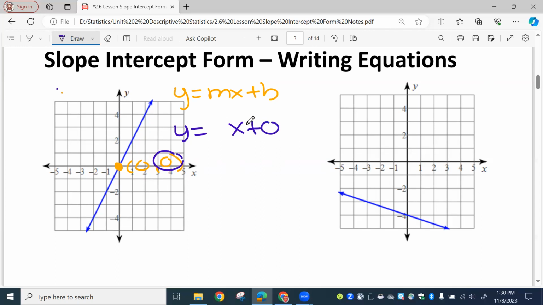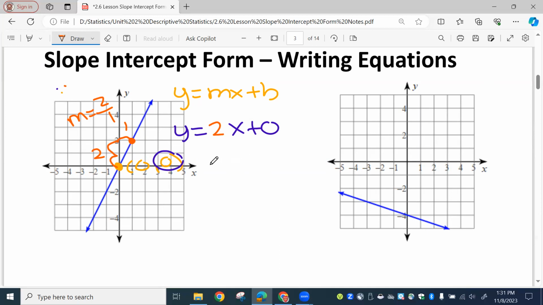So I can say +0. I'm going to find another point. There's a point. I count up 2, right 1. So my slope is 2 over 1. Typically, we'll just write that as 2.